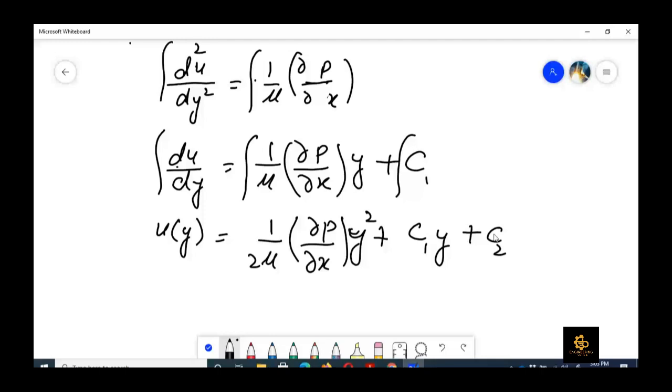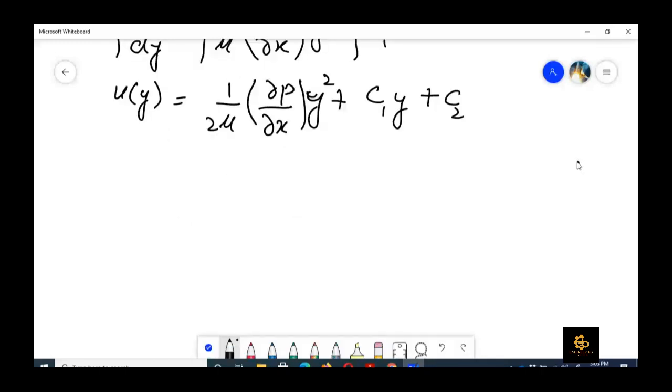Now, to find the values of C1 and C2, we need to apply the boundary conditions. At the center we have y equal to 0, here we have minus h, and here plus h.